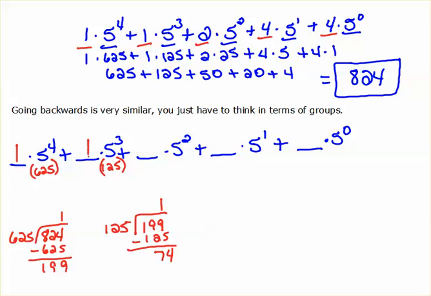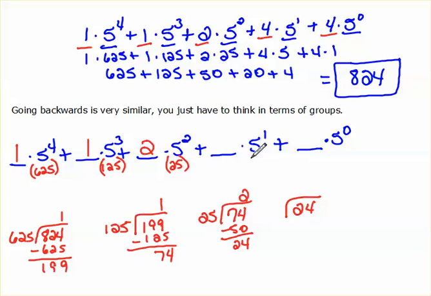So there's one group of 5 cubed with 74 left. Our next place value is worth 25, so I'm going to divide by 25. 25 will go into 74 twice, with 24 left over. So there are two groups of 25 with 24 left over.